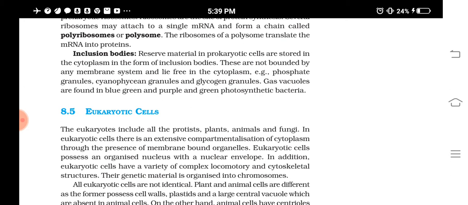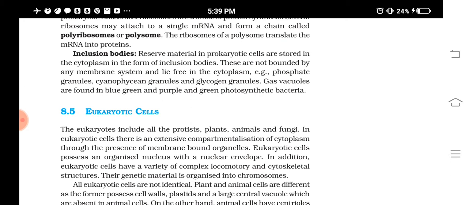The cell membrane shows infoldings that are known as mesosomes. Then we have studied the cytoplasm. Cytoplasm is devoid of any cell organelles except what? Ribosomes.